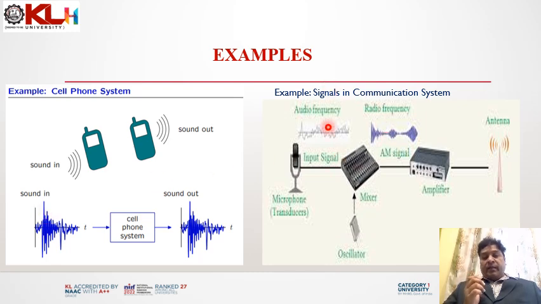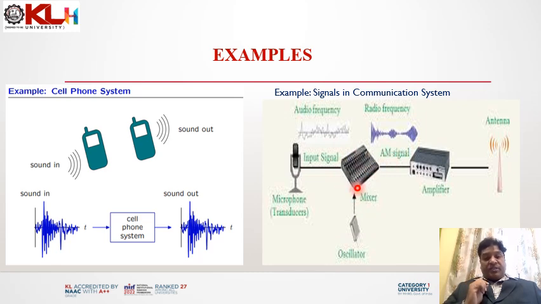Now we are seeing another example of signals in a communication system along with the various systems. Here we are seeing a microphone which is recording the speech signal. The input signal is the audio signal or speech signal, and it is being recorded by a system which is a microphone. Then in order to transmit over long distance, this audio signal must be converted to a radio frequency signal, which is also called a modulated signal, and that is done by a mixer.